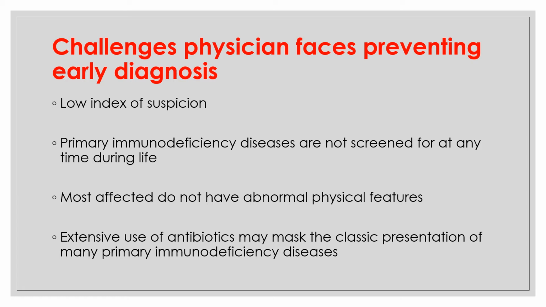Third thing is most affected patients do not have abnormal physical features. Not necessarily if the patient has immune deficiency to have abnormal physical features or congenital anomalies. And the fourth thing, extensive use of antibiotics may mask the classic presentation of many primary immune deficiency diseases.